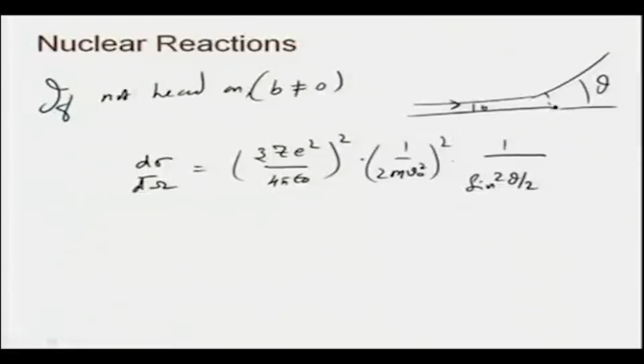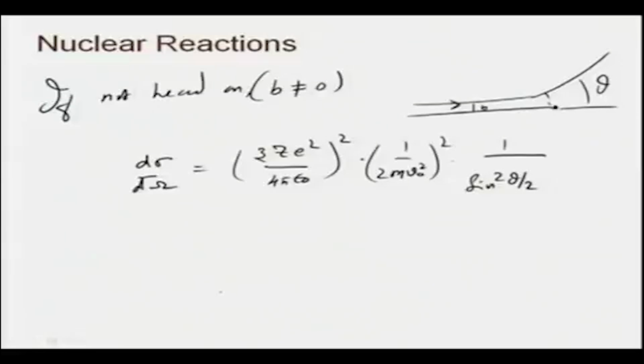This theta dependence of the cross section is an obvious thing now, since the way we have been discussing. The angle at which the particle will come out will certainly depend on what the impact parameter is. Okay.